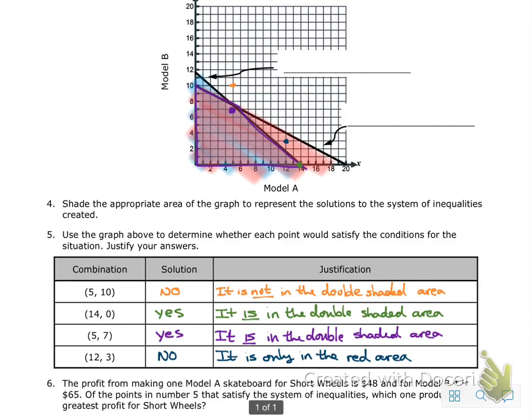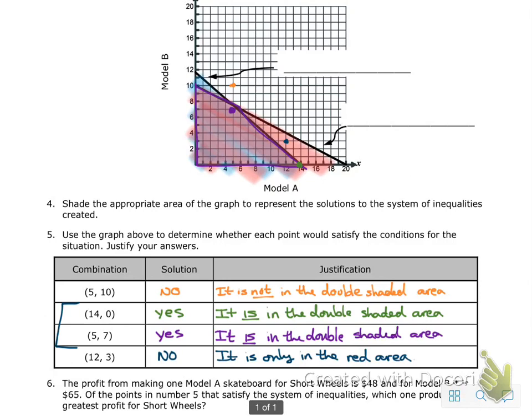We don't want to just spend money and lose it. That doesn't make any sense. So the profit from making one Model A skateboard for short wheels is $48. And for Model B, it's $65. So of the points in number 5 that satisfy the system, so we're only talking about these 2 points, which one produces the greatest profit for short wheels?